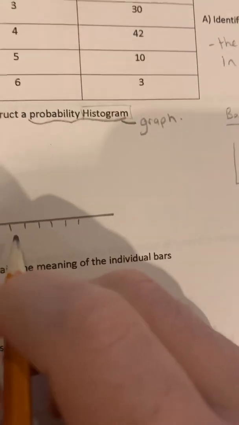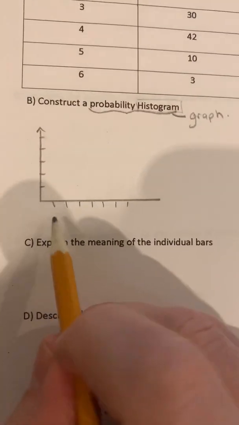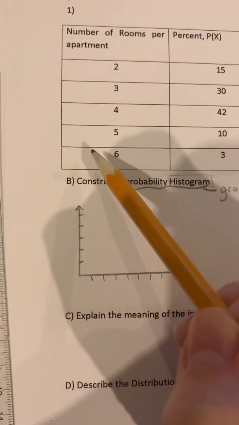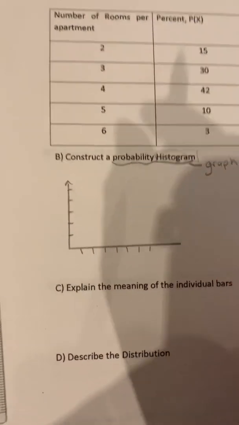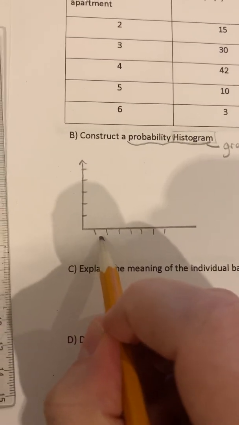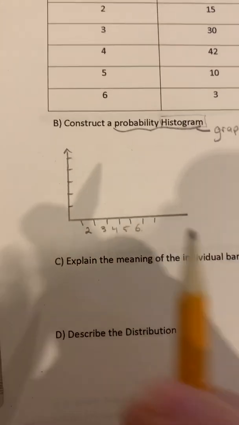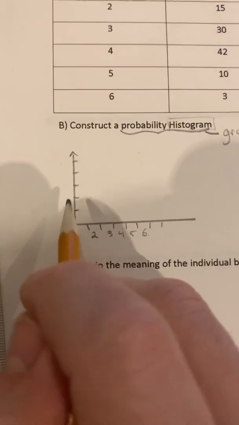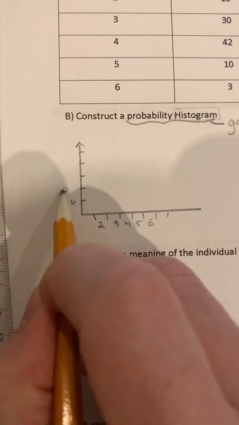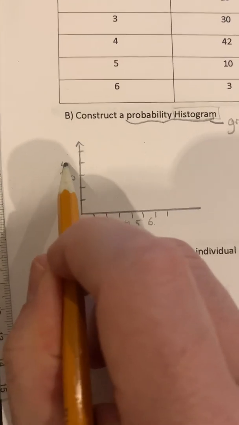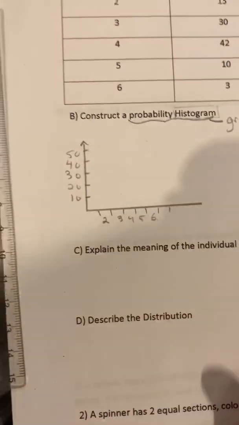Okay, so remember, the first column is always your x-axis, your second column is always your y-axis. So we're going to have 2 rooms, 3 rooms, 4, 5, and 6 rooms. And then on the y-axis, we're going to have percentage. So 10%, 20, 30, 40, and 50.